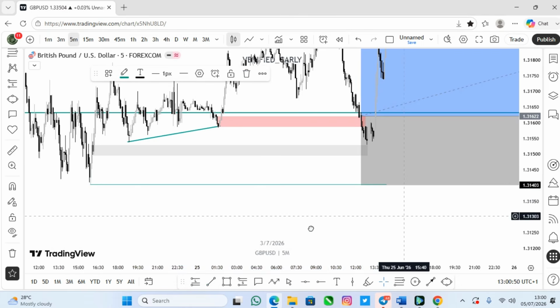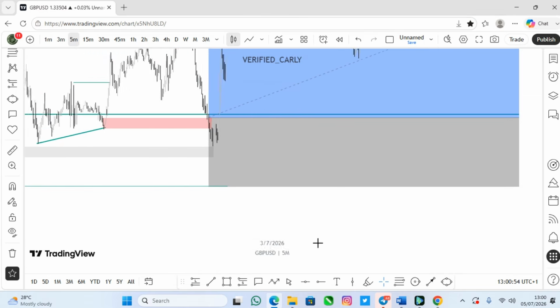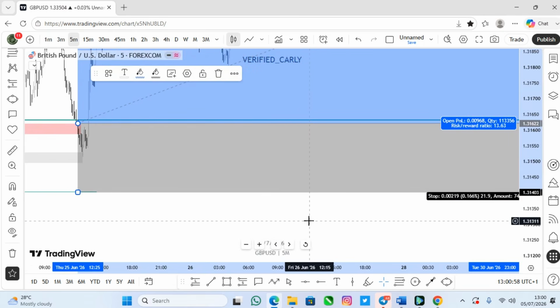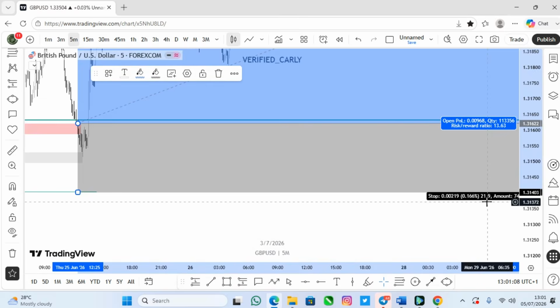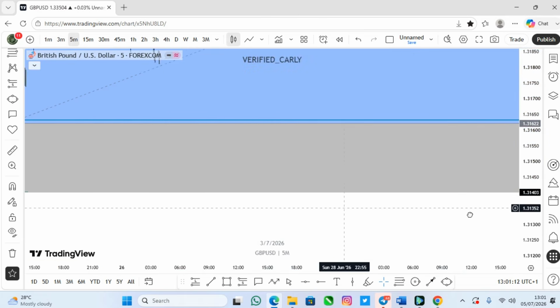My lowest stop loss that I use is 10 pips, and if I want to go against that rule, I must have a bigger or better risk to reward ratio, let's say more than 15. And this is like 21 pips. We can see 21 pips at this particular zone, so it's too much.